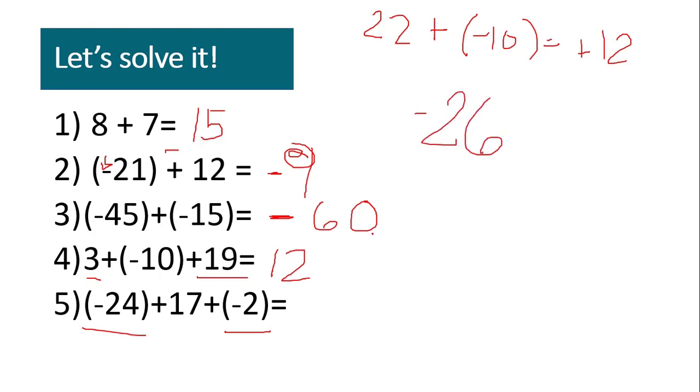Tapos, ang sign nila is negative, kaya negative 26. Tapos, i-add na natin yung 17. Ang gagawin natin is i-minus natin. We have 26 minus 17, we have 9. Kukunin natin yung sign ng larger number which is negative. So, answer natin is negative 9.